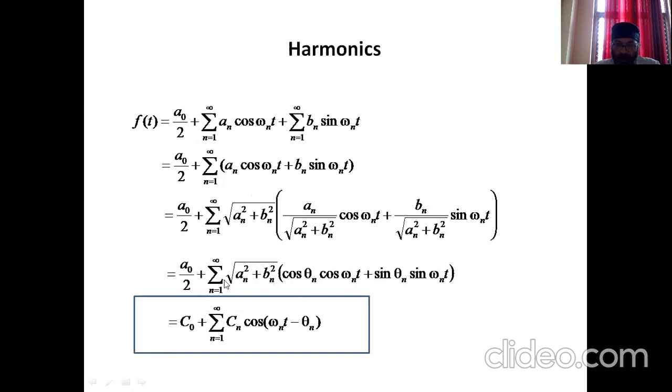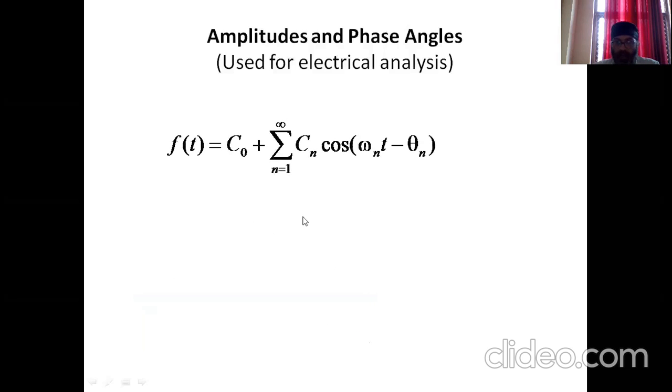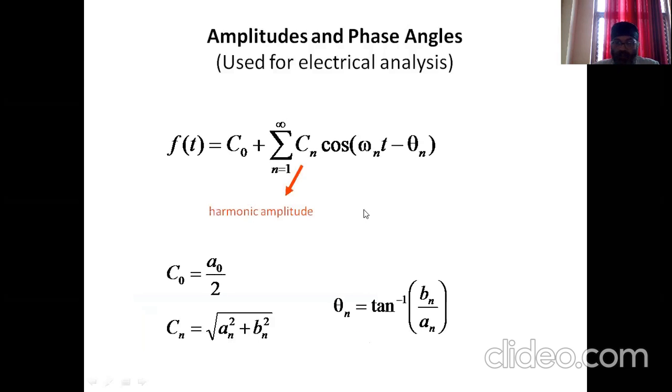Now this value over here, if we simplify this equation, we get this value, where Cn gives us the amplitude of that particular harmonic, and theta gives us the phase angle of that particular harmonic.